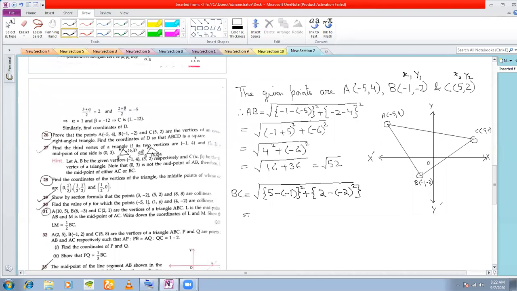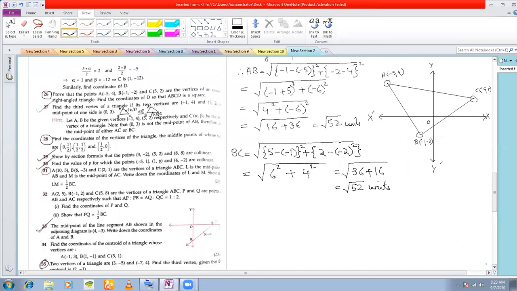So this comes to root over of 6 square, 5 plus 1, and 4 square, 2 plus 2, which is root of 36 plus 16, root 52. You can write units here because you're calculating distances. Root 52 units. This is also root 52 units. So what do you see? You see two sides to be equal, AB and BC.